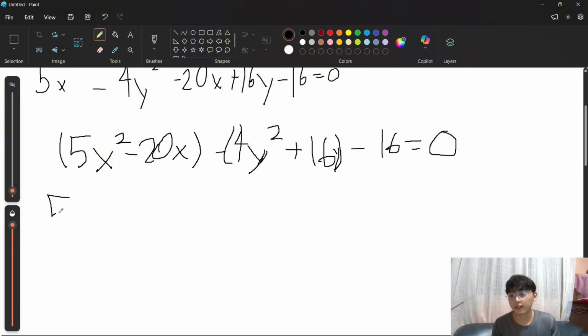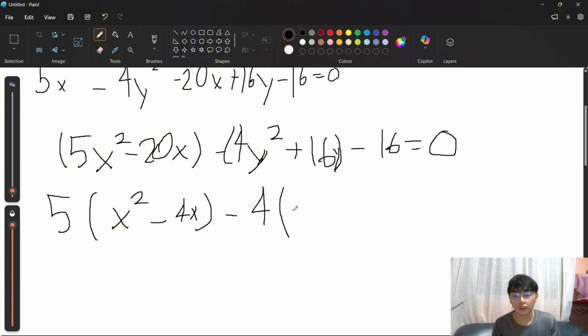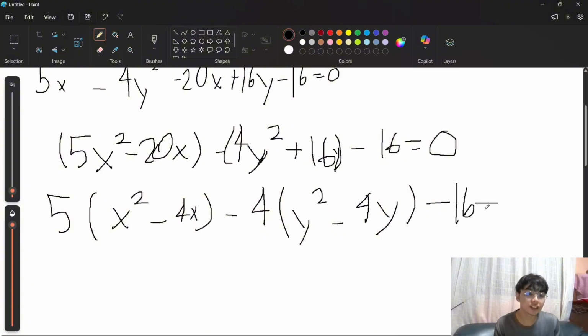So we would have 5 quantity of x squared, minus 20 divided by 5 is negative 4x. And then negative 4 quantity of y squared minus 16 divided by negative 4 is negative 4y, minus 16 is equal to 0.